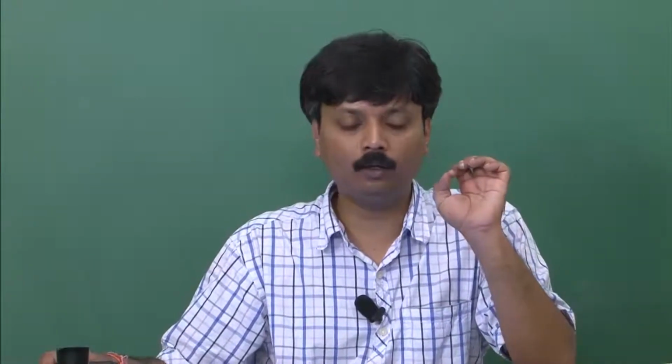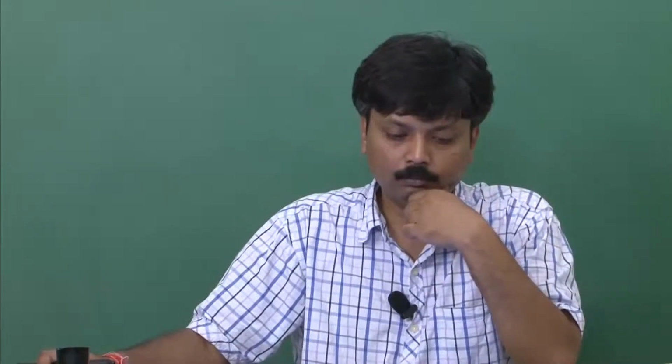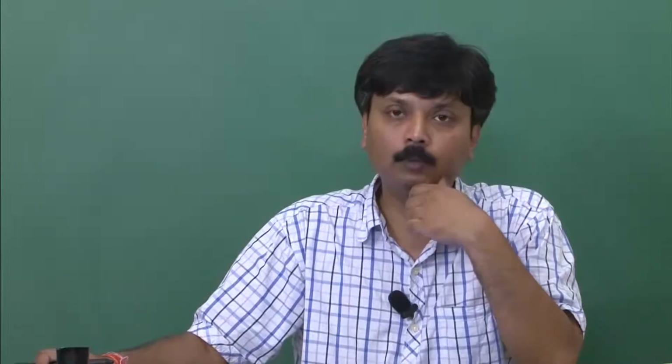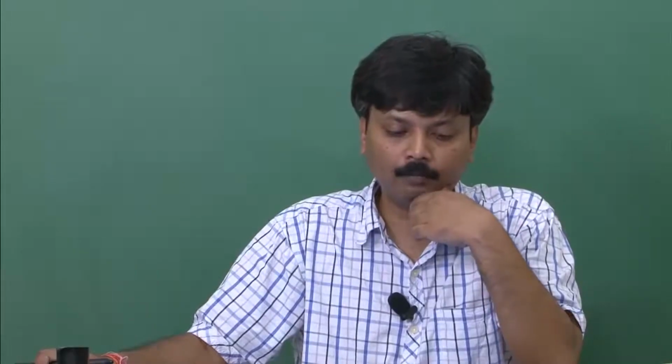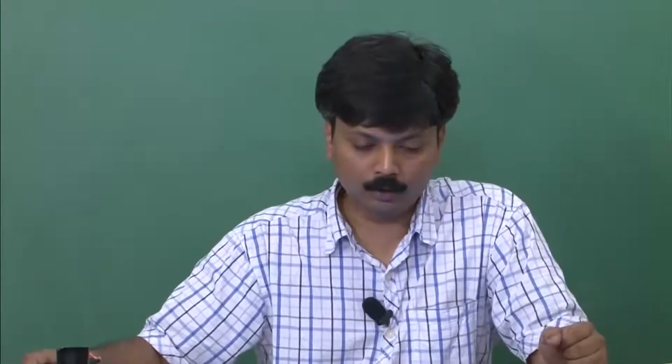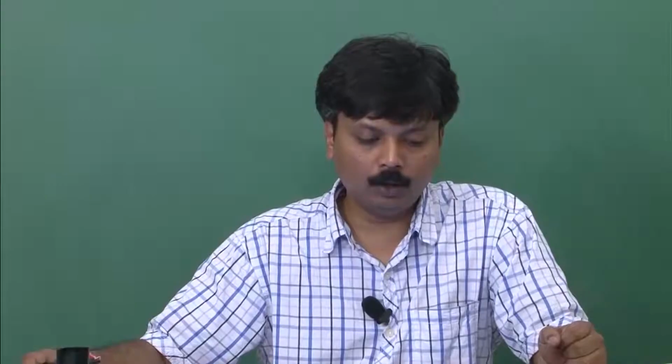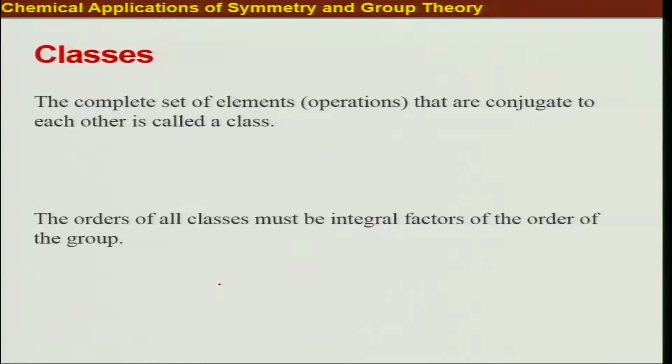This has tremendous importance in the applications that we are going to have in a few more classes later. So you should understand what a class is and how it is formed very well.